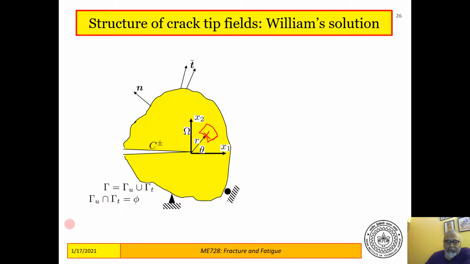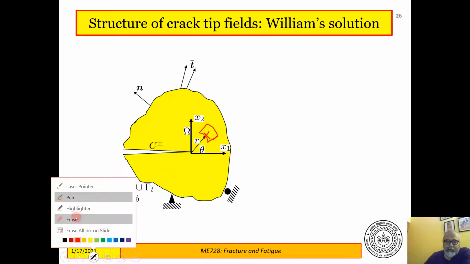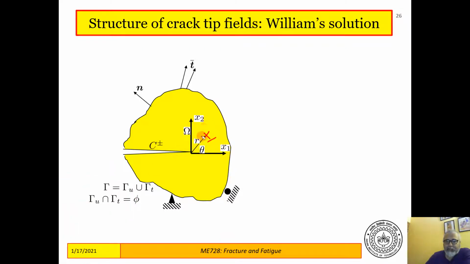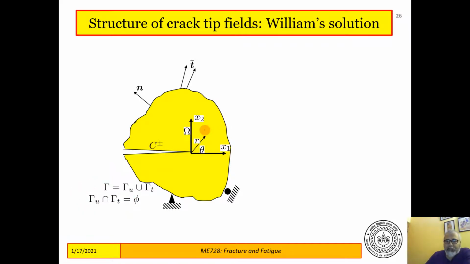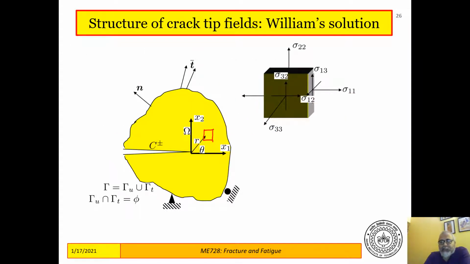We can also find it in the xy coordinate system at the same point, and in that case we'll take a small box which is of this shape with edges aligned with the x1 and x2 axis. Now at the same point we can use either of the two coordinate systems. First we will use the r theta, and this is the xy coordinate system. In the xy coordinate system, these would be my stress components. Sigma 22 is what is known as my opening stress.